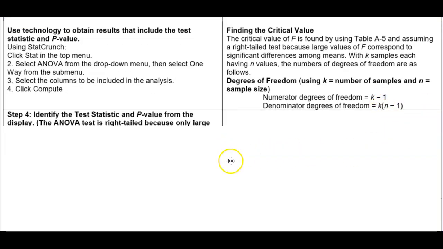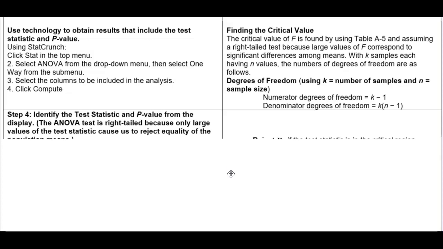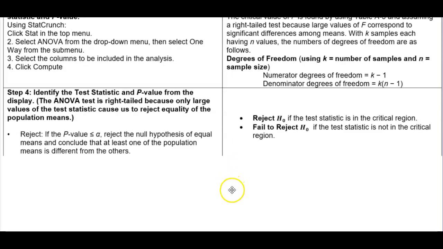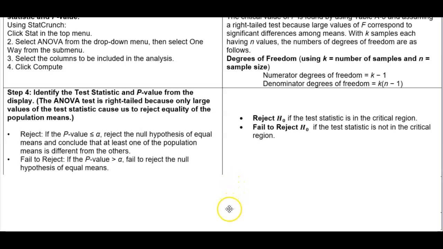Now in step 4, you want to identify the test statistic and the p-value from the display. Now again, the ANOVA test is a right tail test because only large values of the test statistic cause us to reject equality of the population means. So we reject the null if the p-value is less than or equal to the significance level.